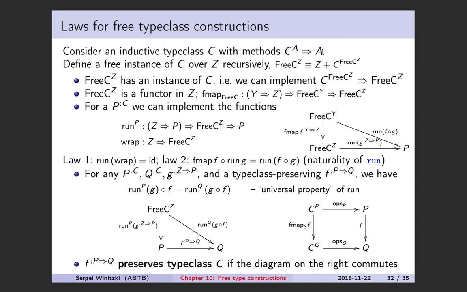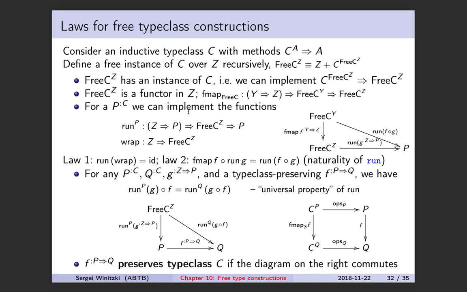I'm going to consider inductive type classes that have just ordinary types as elements or instances of the type class. So a type class with a method functor C has these methods, and this is the definition of a free instance of C over a fixed type Z. So that's what we have seen.